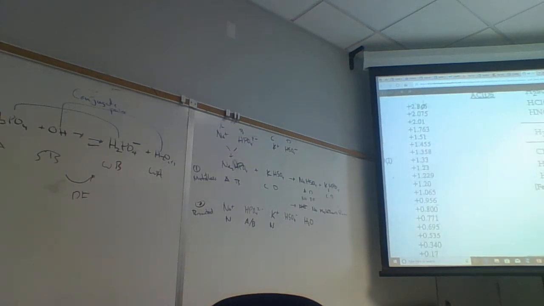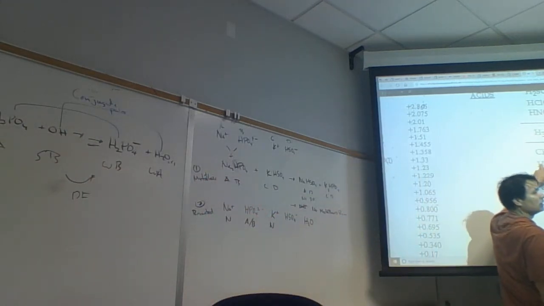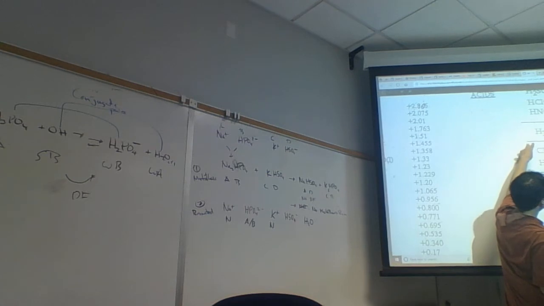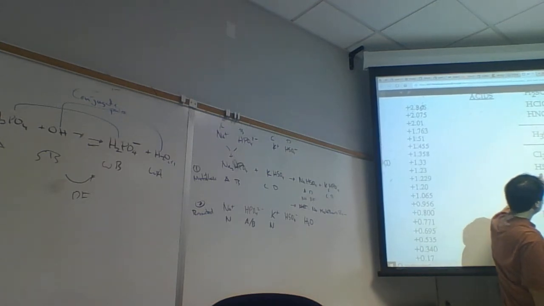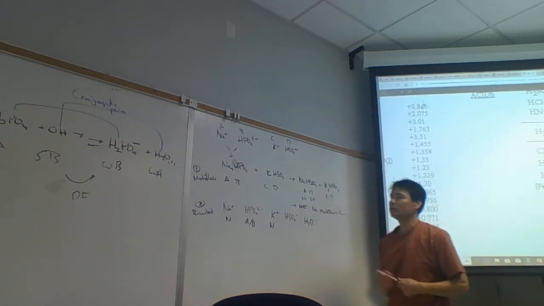HSO4 minus is a pretty decent acid. It's up here. It's a pretty decent acid, but it's still a weak acid. It's below this line. This is the dividing line. The strong acids are up there. These are the weak. But it's stronger than phosphoric. HSO4 minus is a stronger acid than phosphoric.